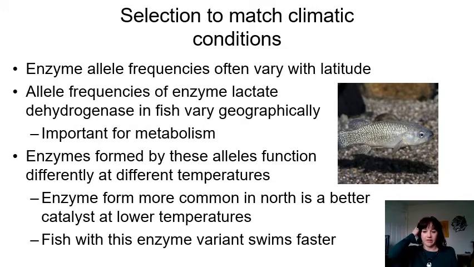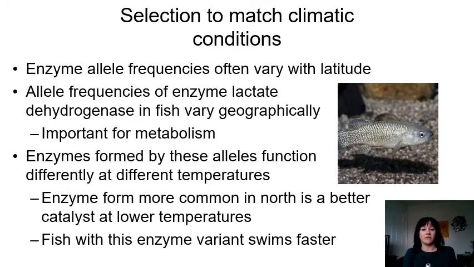One example we can look at is in a species of fish, where they are found at a variety of latitudes. Some of them are found up north where it's colder, some further south where it's warmer. Interestingly, there's a gene for an enzyme that they share that has two different alleles.